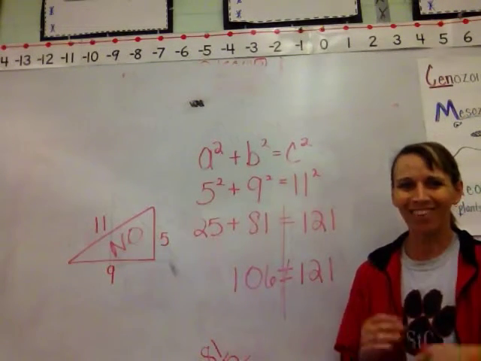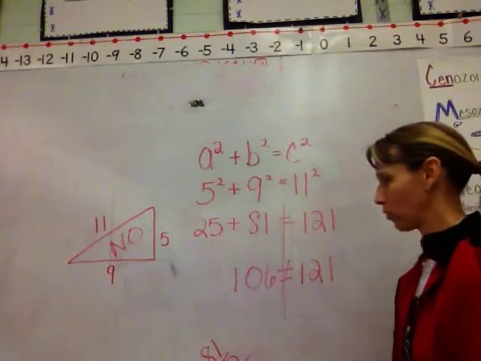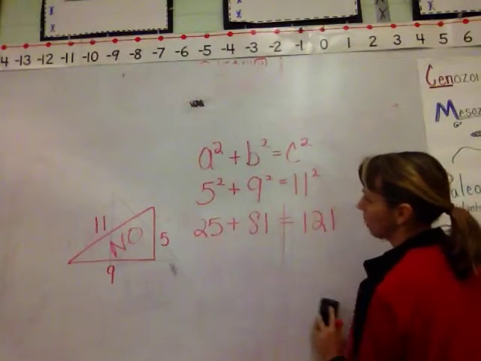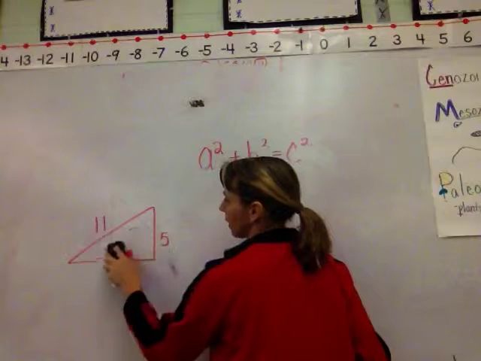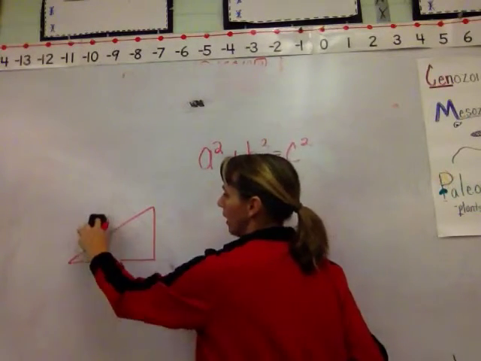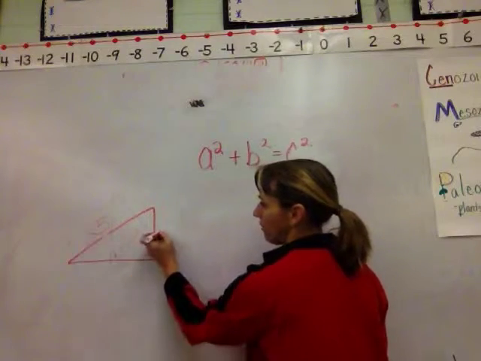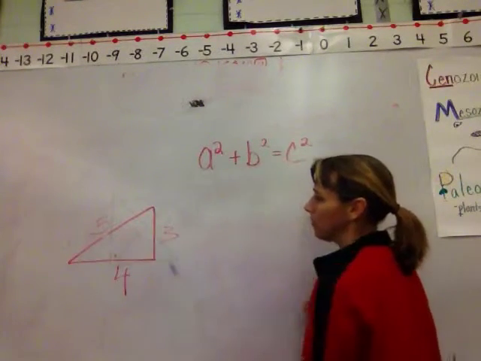Okay, I do want to show you one more just in case, because sometimes your answer is going to be yes. If your answer is yes, I'll just do a very basic one here. If it was a simple triangle like a 3, 4, 5 triangle, for instance, this was 5, this is 4, sorry, and this is 3.